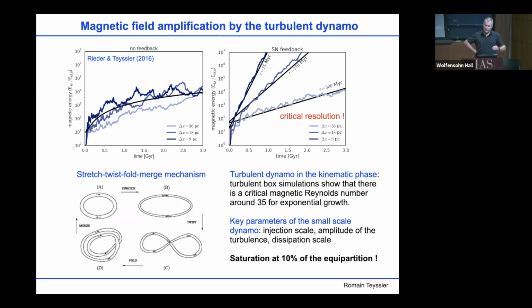So here, what this plot shows is that the more resolution you have, the faster the growth. Of course, I think it's connecting to the other question we had before. It's very important you measure at what scale this happens. Right? And I didn't have time to show power spectra. But usually the larger the scales, the smaller the growth at that scale. So of course here it's the total magnetic energy in the system, and it's dominated by the small scales.